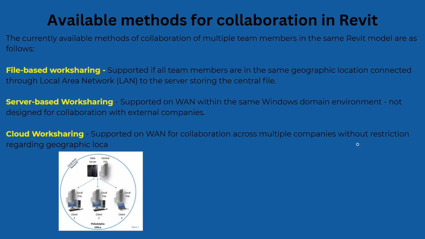So we have basically three methods of collaborating in Revit. One is file based work sharing. File based means, let's say you are working for a company where they don't have any cloud based sharing. You set up a Revit model and you both will have access to the same folder in your company workspace or server, and you both will work on that particular Revit file which is saved in a local area network, without any cloud based collaboration.